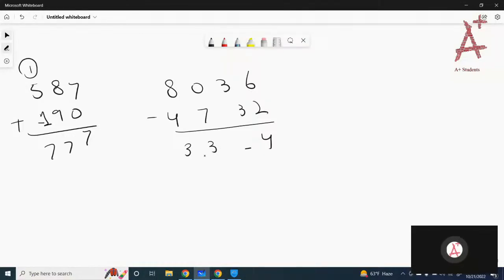So it would be 6 subtract 2. 6 subtract 2 is 4. 3 subtract 3 is 0. You cannot subtract 7 out of 0, so you have to borrow 1. 10 subtract 7 is 3 and 7 subtract 3 is 4. That means the missing number is 0. Got it? So select the correct option and click on the OK button.